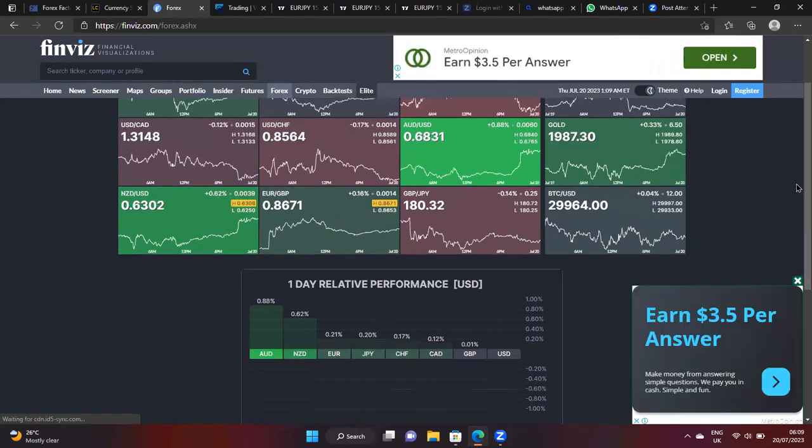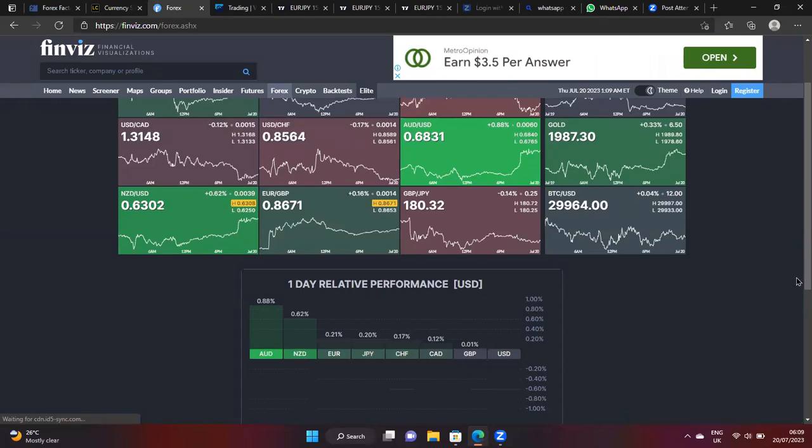Now you see this is 6.9. At 6.9, Euro is almost at the same strength as JPY.